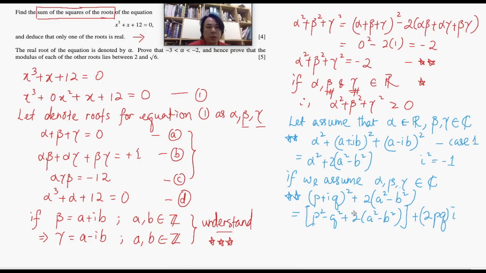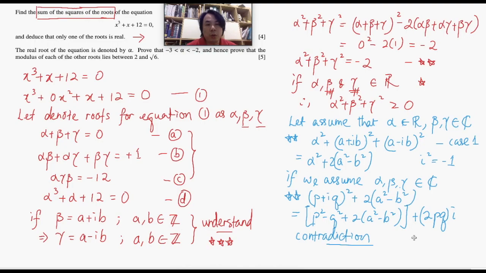So you can see that if we assume all of them are complex numbers, it's impossible for us to arrive at this conclusion, whereby we only have a real number as the sum of squares here. So this is a contradiction.